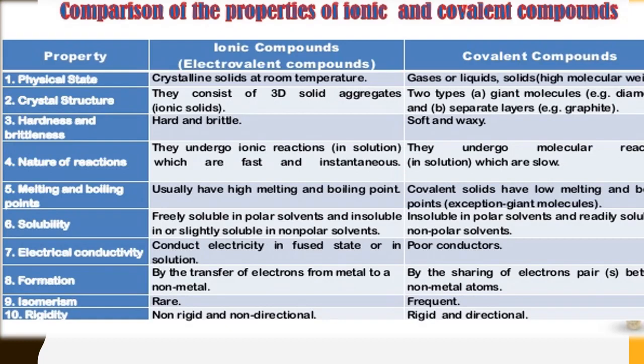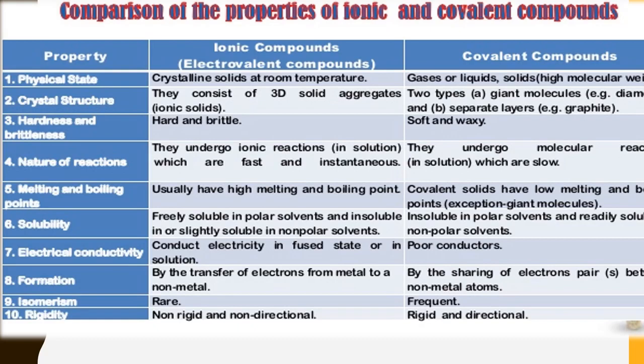Nature of reactions. Ionic compounds undergo fast and instantaneous reactions. Covalent compounds undergo molecular reactions. These reactions are very slow because they cannot make ions easily. Melting and boiling point.